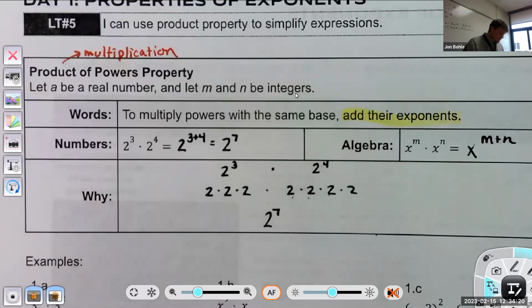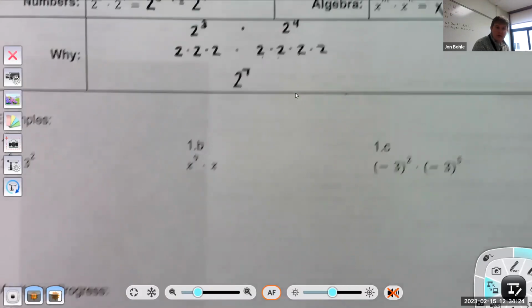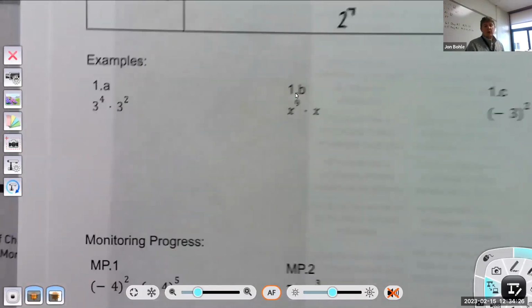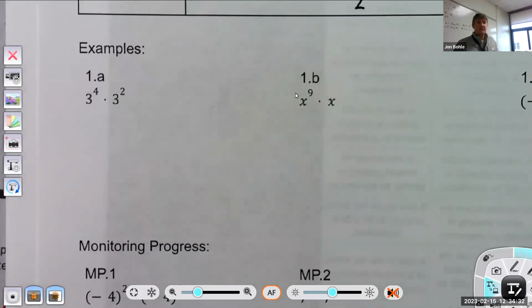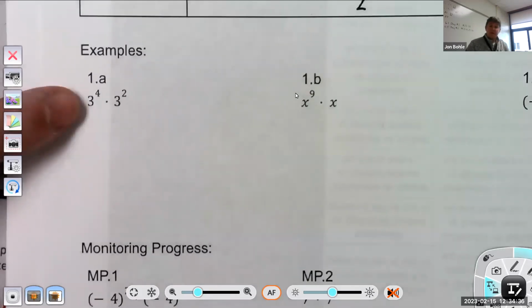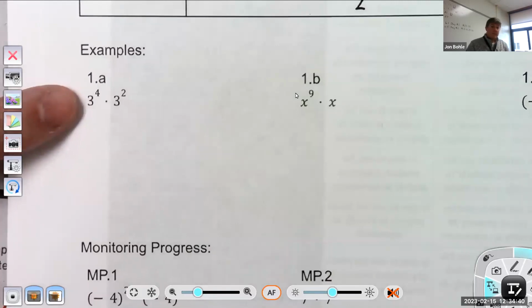Okay. So let's go ahead and do some example problems. As we work through these, we are going to have some where there are variables and some where there are numbers, and we're going to have to be able to deal with both effectively. So if I have 3 to the 4th times 3 to the 2nd, I'm multiplying. My multiplication rule is to add the exponents.